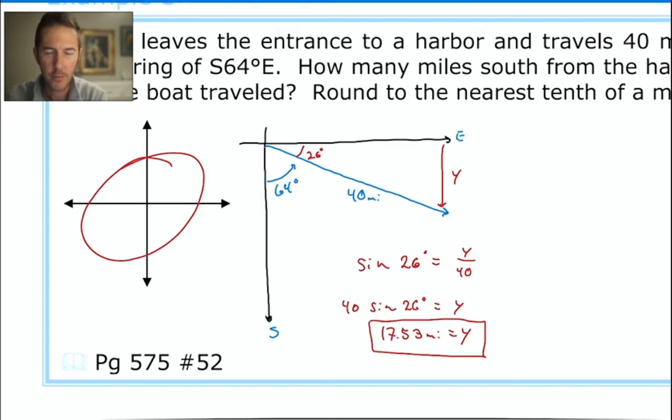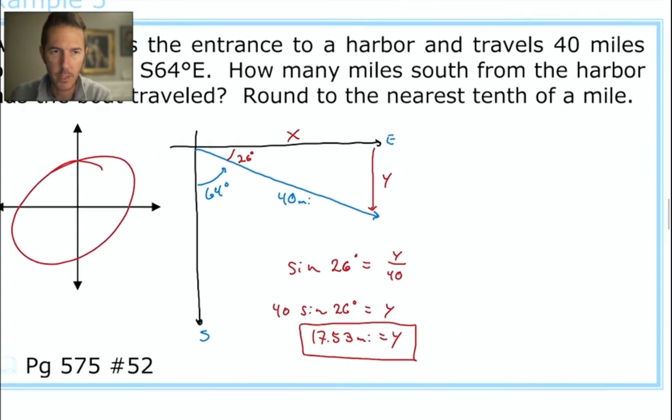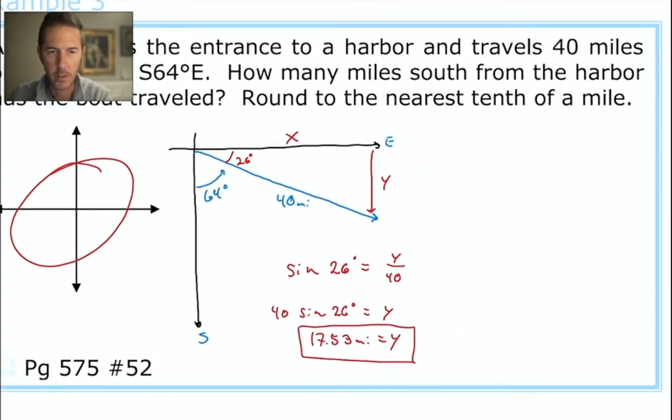To the east, let's go ahead and continue doing some good labeling on our diagram. There we go. So in the x direction, the horizontal direction, which in this case is to the east, we don't even have to move away from our already known angle measure of 26 degrees. I'm just going to slide over to the right a little bit here, and I'm going to use the cosine function in order to find my x value.